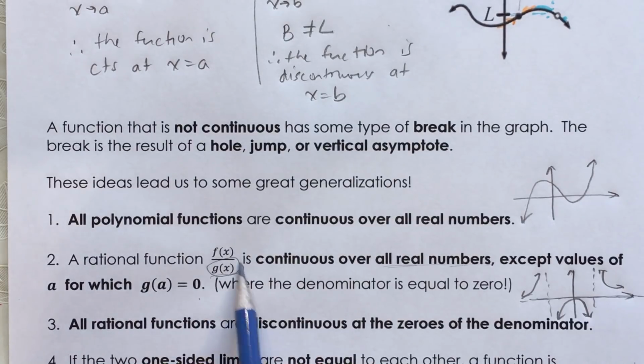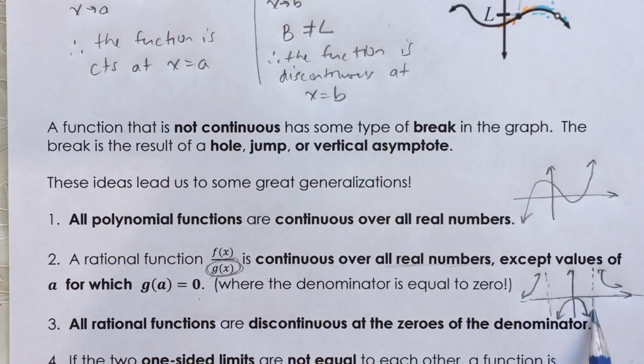Our denominator is g at x here. The places where the denominator is equal to 0, you're discontinuous. So you have either an asymptote like in the sketch I did, or you could have a hole in the graph as well. And saying it's continuous everywhere except where the denominator is 0 is the same thing as saying that rational functions are discontinuous at the zeros of the denominator.